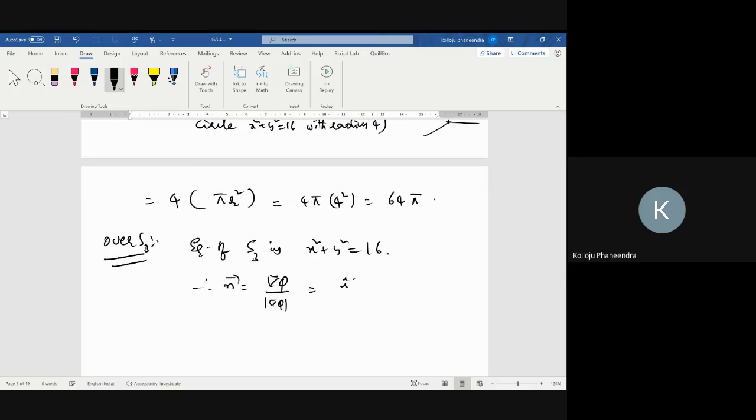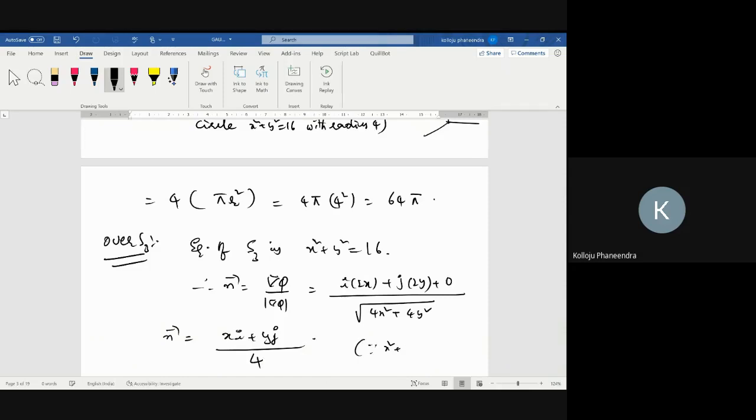In 2 dimensions, i into dou phi by dou x plus j into dou phi by dou y plus 0, which gives 4x square plus 4y square. So n bar equals, 2 gets cancelled, xi plus yj by square root of x square plus y square. Since x square plus y square equal to 16, the root is 4.